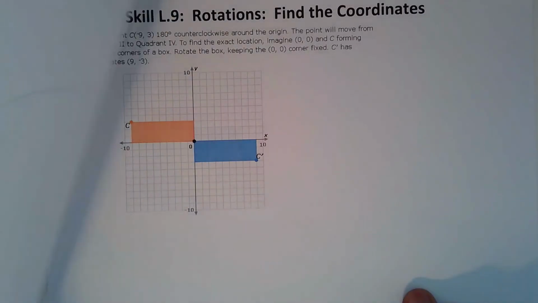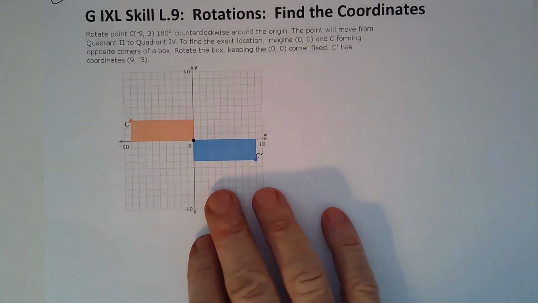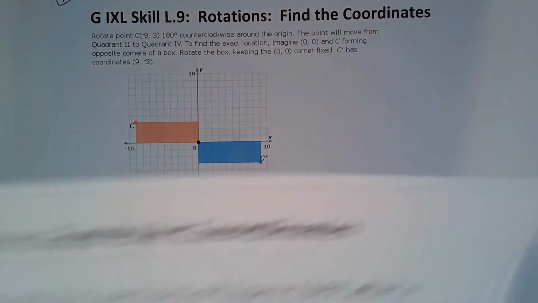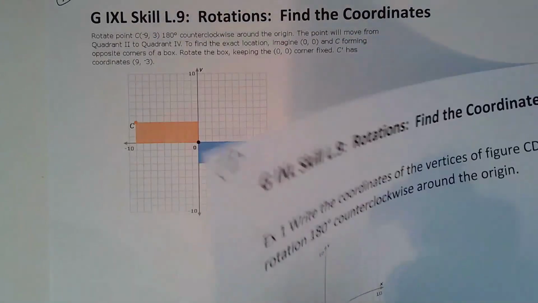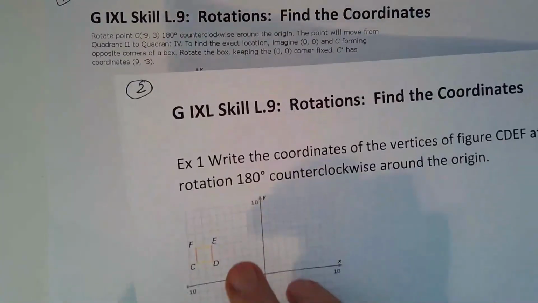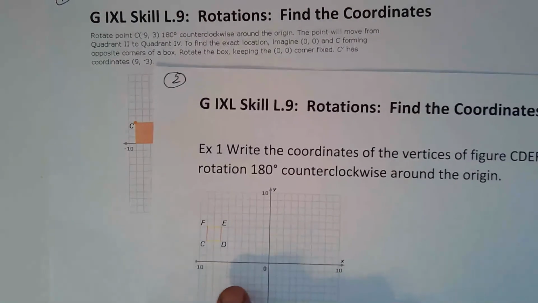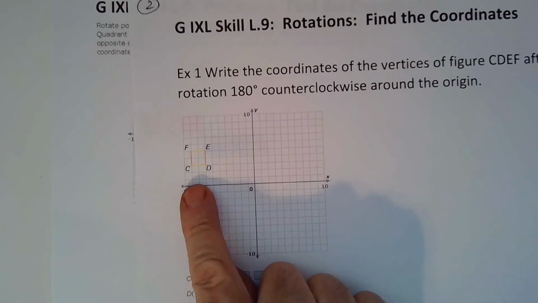So they're going to show us a little device that you can use to help you figure out where you're at. So they just took, again, the original figure, and they started out with point C. Here's point C right here on your XY coordinate chart.